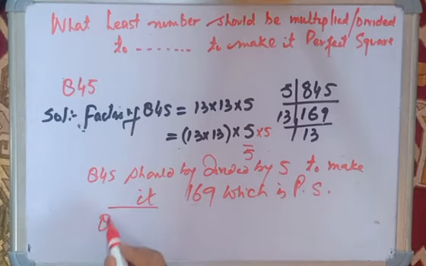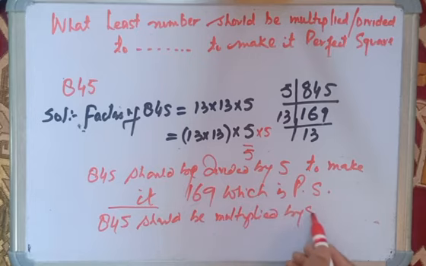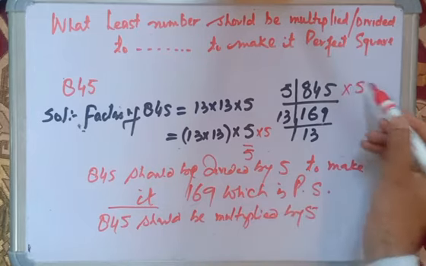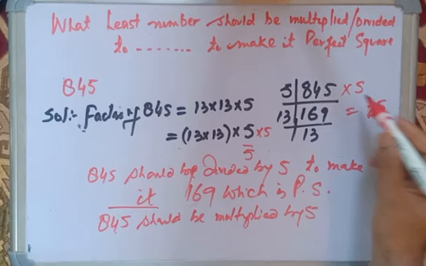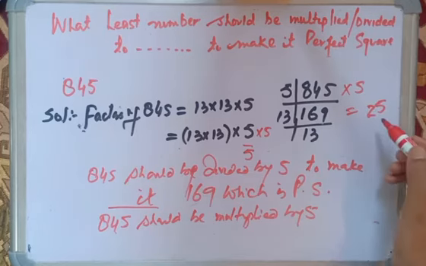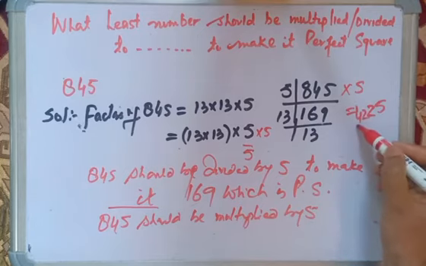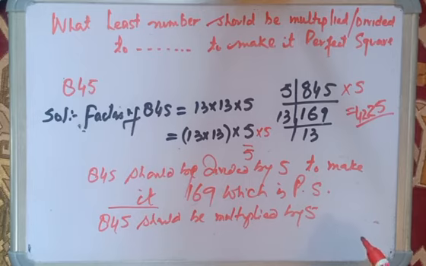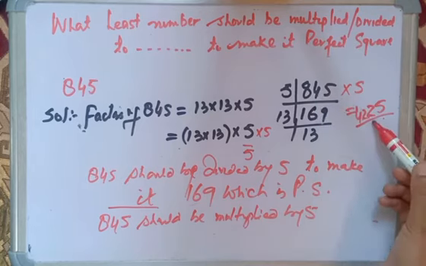Or we have 845, it should be multiplied by 5. When you multiply this number by 5, 5 5s are 25, 5 4s are 20, 22, 5 8s are 40, 42.